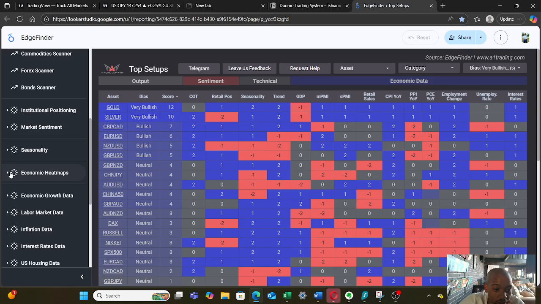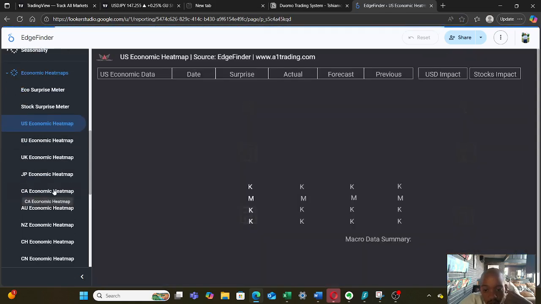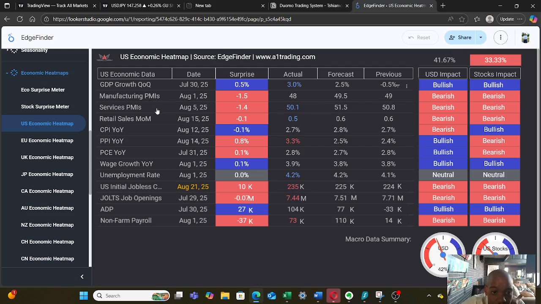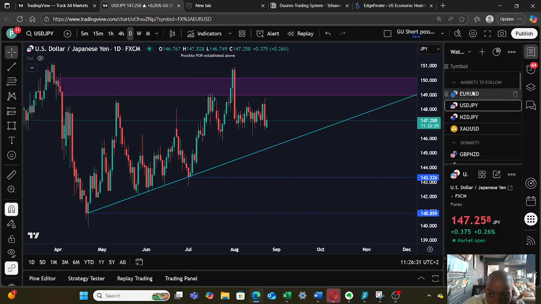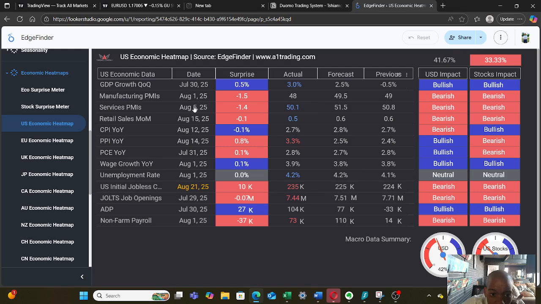I just want to see if I click on economic heat map. This tool is great for just tracking macro or fundamental data. So we're trying to look at the 28th of July.